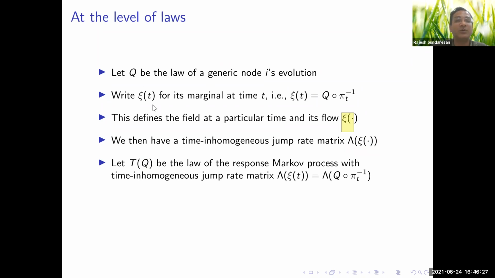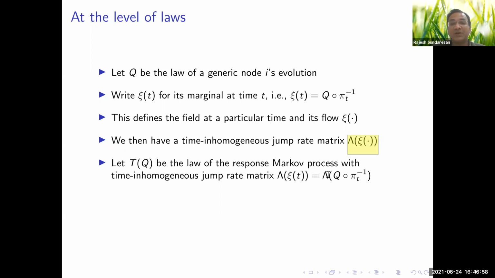So you take the Q, you look at its marginal at time t, look at its flow, that's ξ dot, that defines the mean field. And you look at then the time inhomogeneous transition rates given by that field, and you look at a law associated with that. I call that T of Q. It's a function of Q because it depends on Q. That's just a Markov process with these time inhomogeneous transition rates.